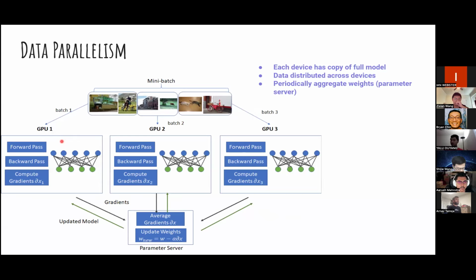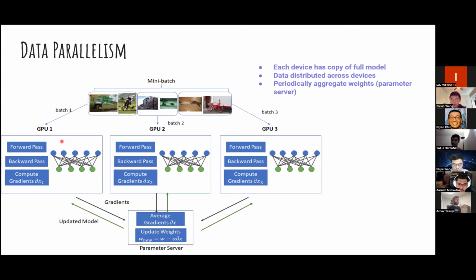When you take your input data and batch it further, each GPU would receive a different image or different input from the data. Then you would compute the weights and the activations in the forward and backward pass independently on the 4 devices.